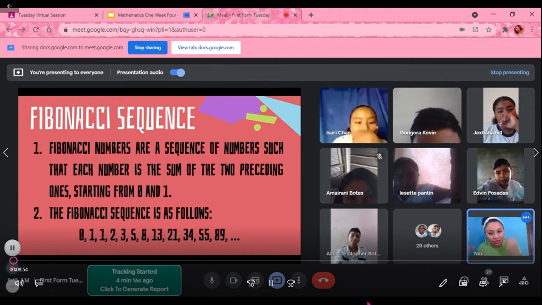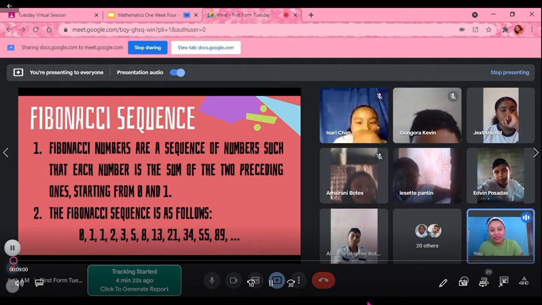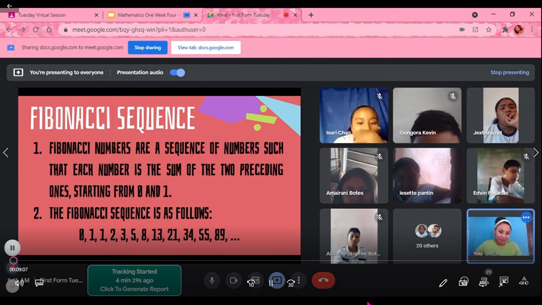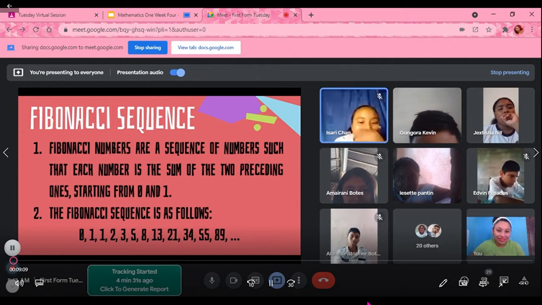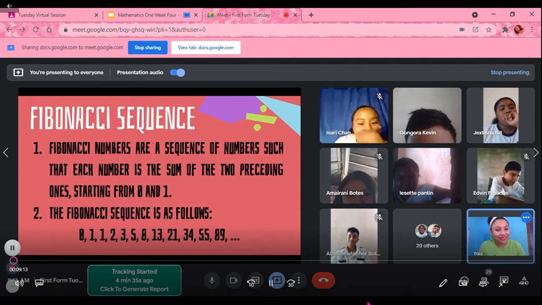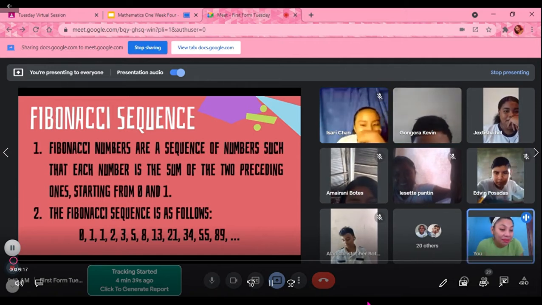And what is 3 plus 5? 8. And what is 5 plus 8? 13. And what is 8 plus 13? 21. And what is 13 plus 21? 34. So now this person, that is how they made this pattern.